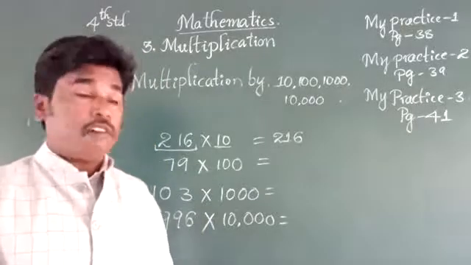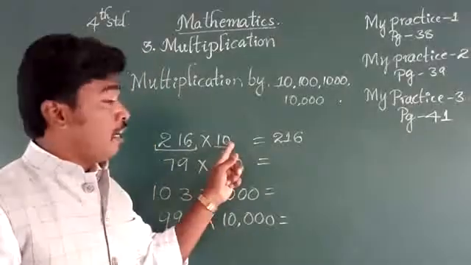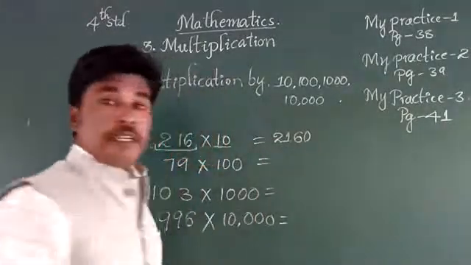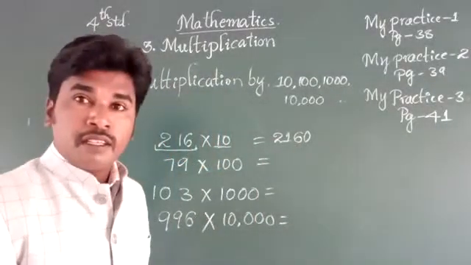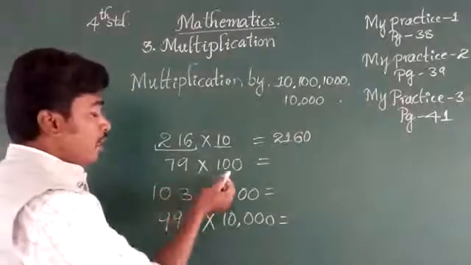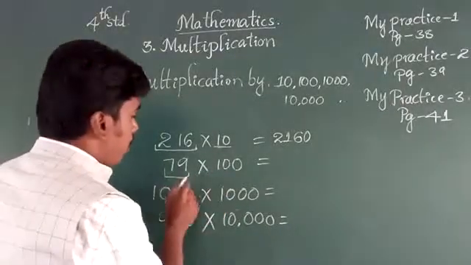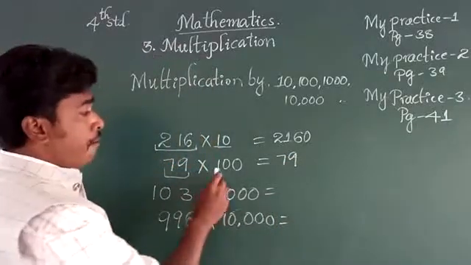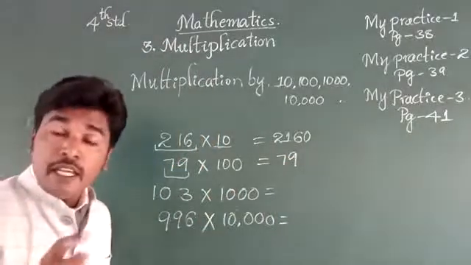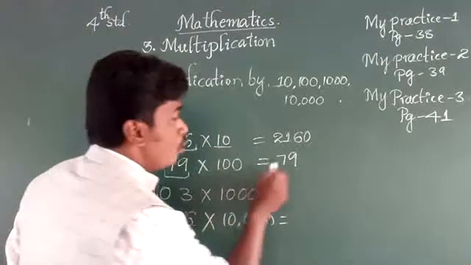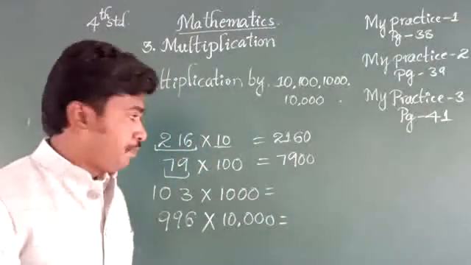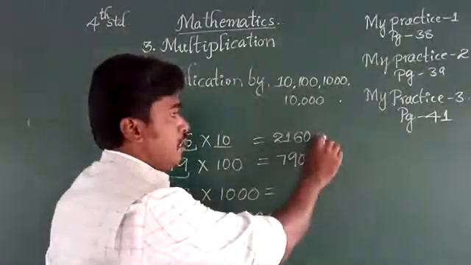Only one 0. Write one 0 in the answer. In the next one, write the number as it is, 79. In 100, how many zeros are there? There are 2 zeros. Write 2 zeros in the answer.